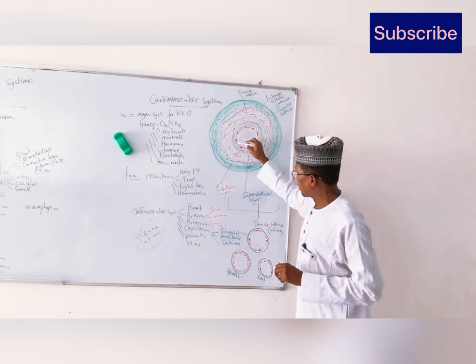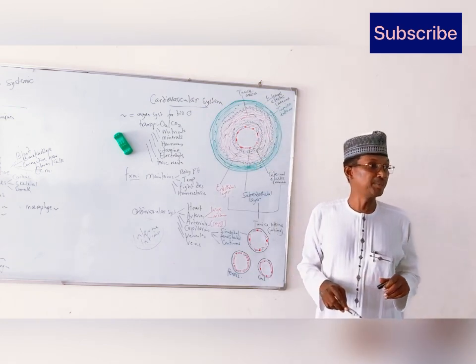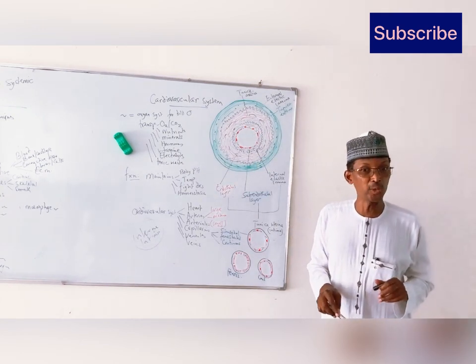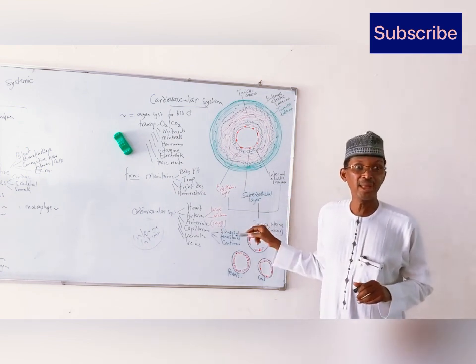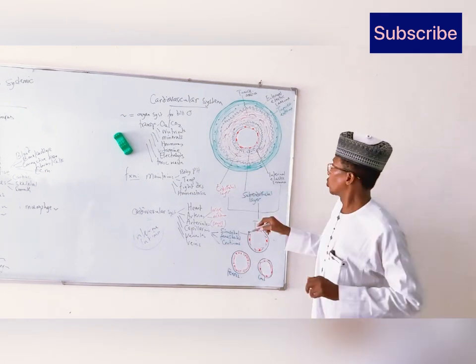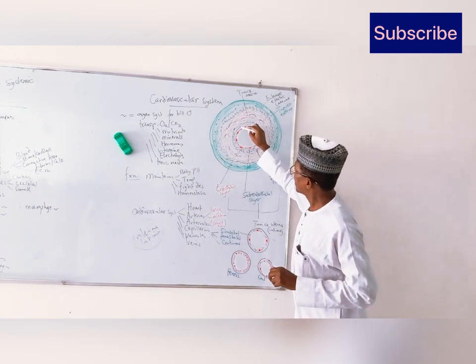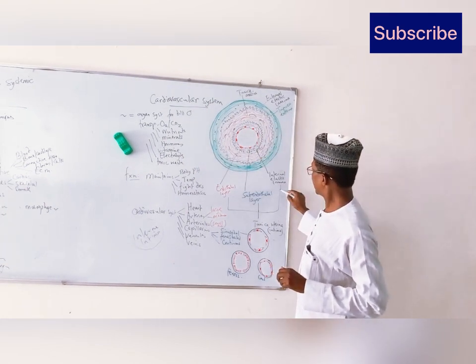These endothelial cells are surrounded by what you call the subepithelial or subendothelial layer. This subendothelial layer is made up of connective tissues. So next to it is what we call the internal elastic lamina.